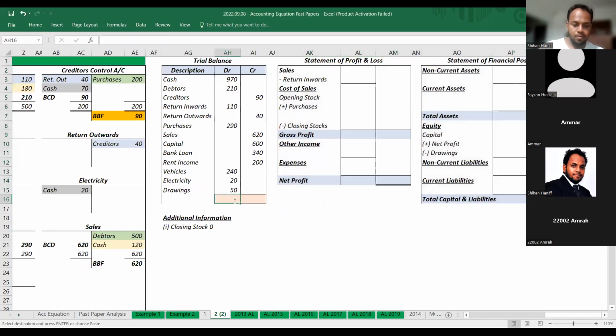Okay. Yes, it's 1890. Most of you all gave the correct answer. Now prepare the statement of profit and loss and the statement of financial position.